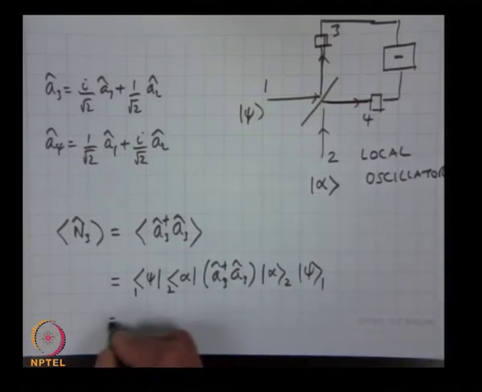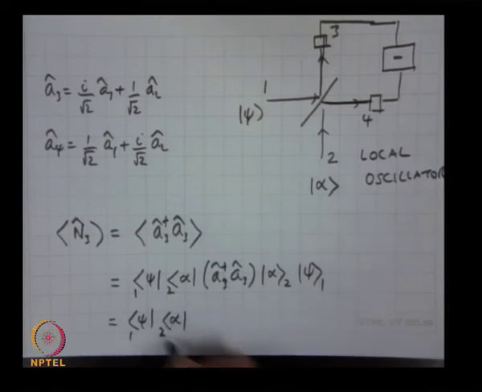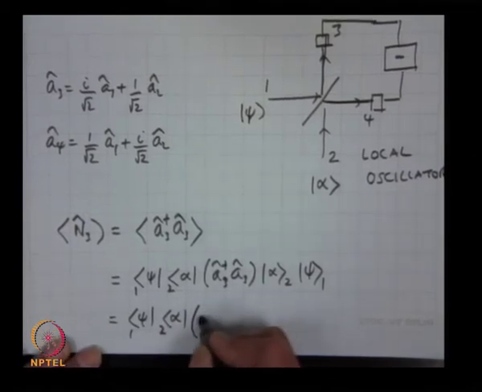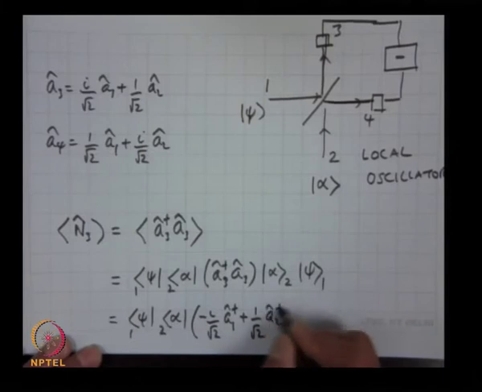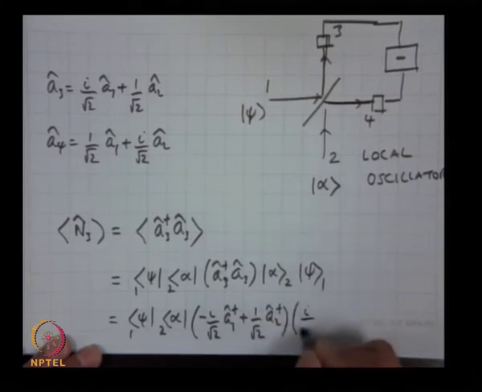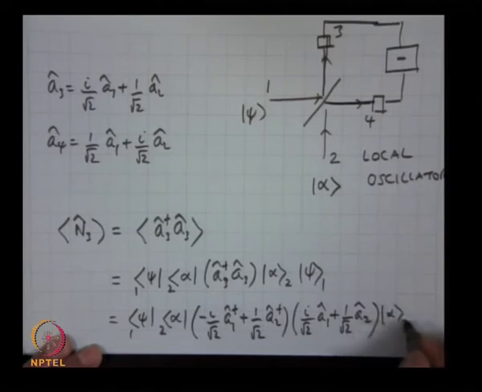So what I will have to calculate is <psi 1 alpha 2| (minus i by root 2 A1 dagger plus 1 by root 2 A2 dagger) (i by root 2 A1 plus 1 by root 2 A2) |alpha 2 psi 1>.